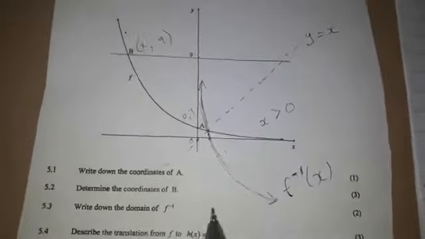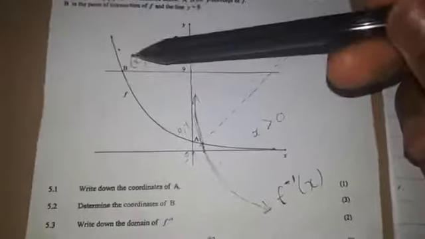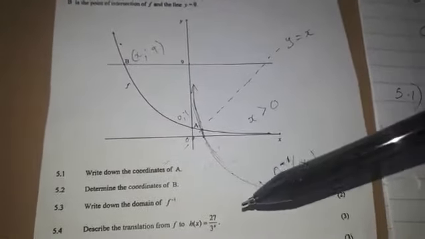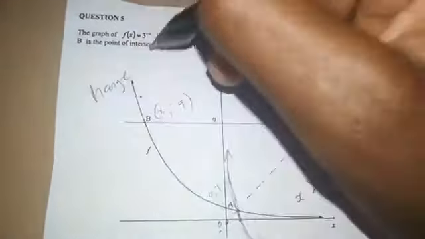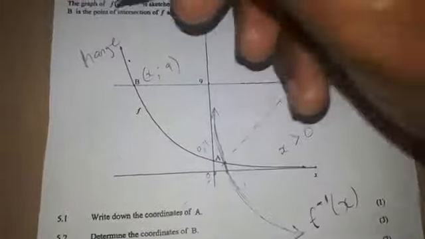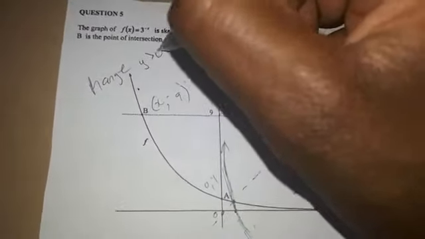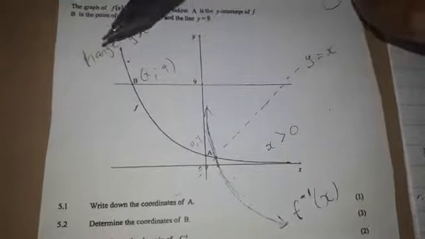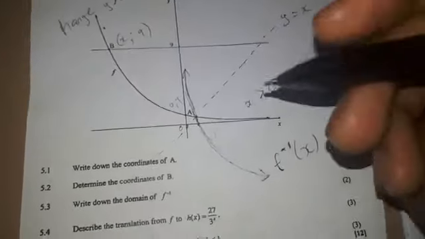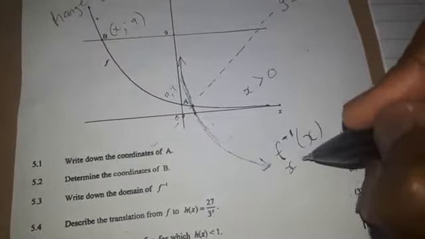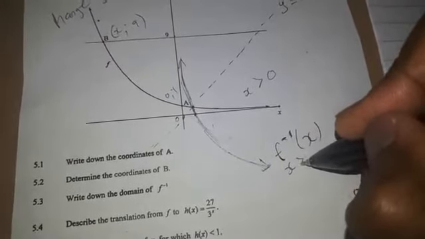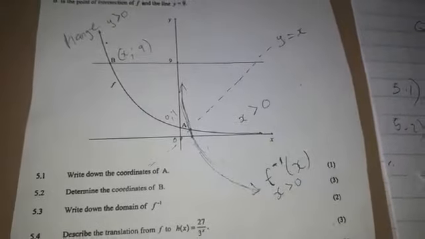Now the reason for that is, with inverse, the original graph and the inverse, everything swaps. Meaning the range of the original one, if you think of the range of this graph, is technically y has to be bigger than 0. So if the range is y is bigger than 0, the domain of the inverse is going to be x is bigger than 0.